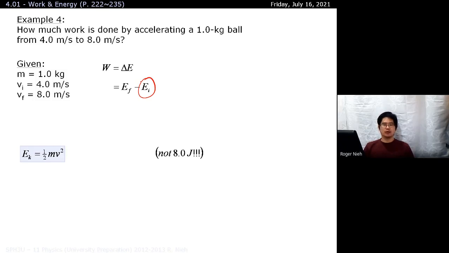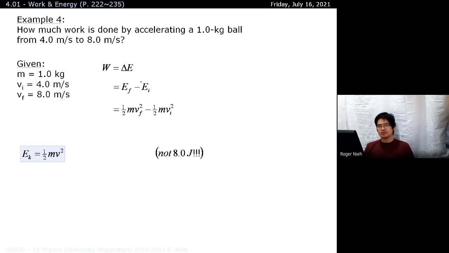You're not doing any work there. Inertia is moving you forwards. So if work is equal to the change in energy, and the change in energy here was whatever kinetic energy you had at 4 meters per second and how much kinetic energy you have at 8 meters per second, then you're just looking for the difference of those two.